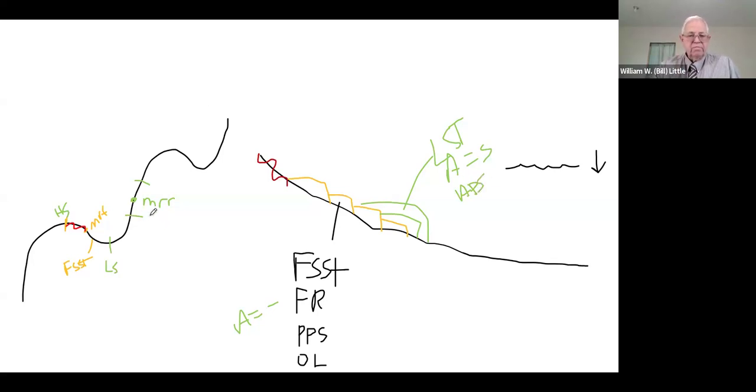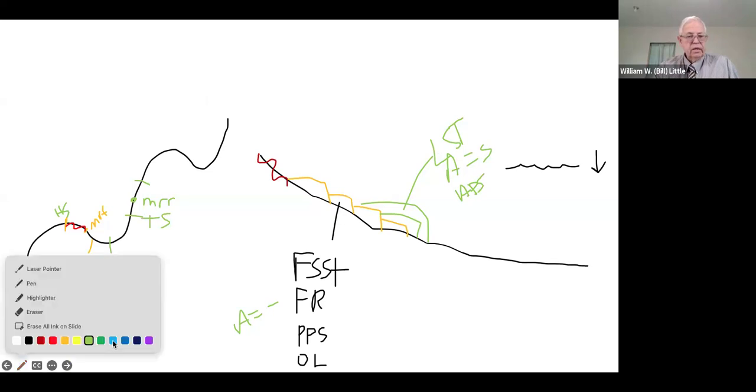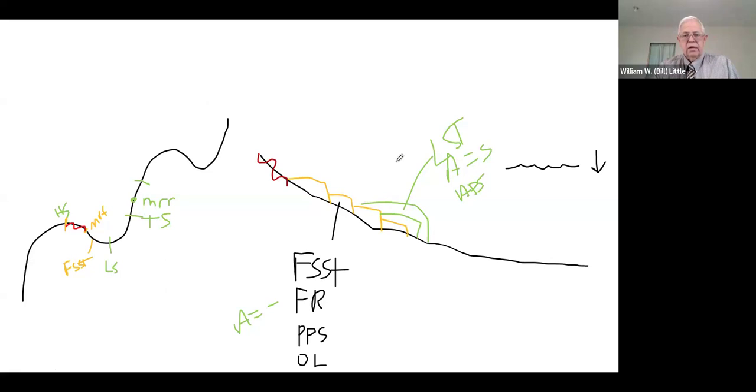Okay, when we cross this boundary here, this is the transgressive surface. This is a period of time where the rate of accommodation now becomes greater than the rate of sediment supply, and we begin to see a backstepping pattern in the parasequence set.